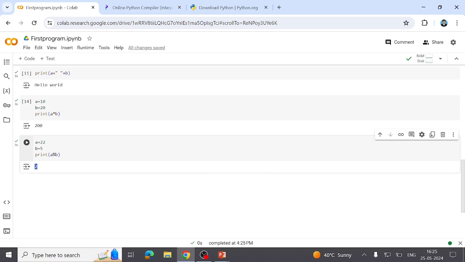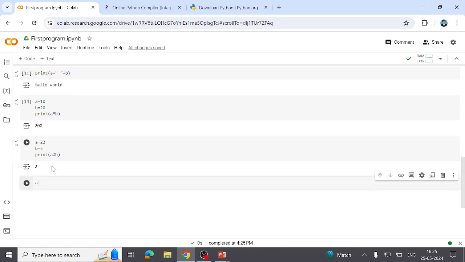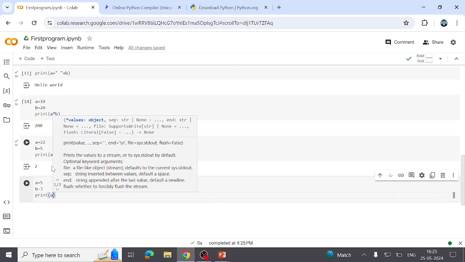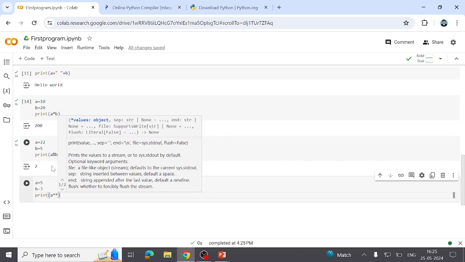The 22 is completely divisible, 5 4s are 20 and 2 is remaining. The next operator is, suppose for example, if you want to calculate a equal to 5 and b equal to 3, and you want to find a to the power b, the exponent, then a double asterisk b.